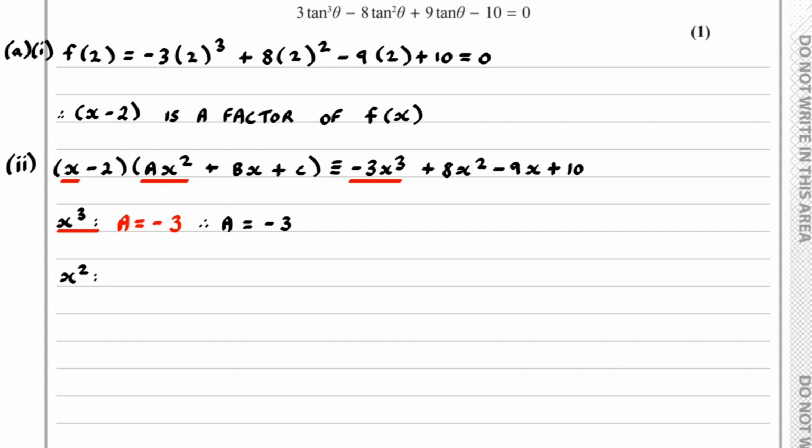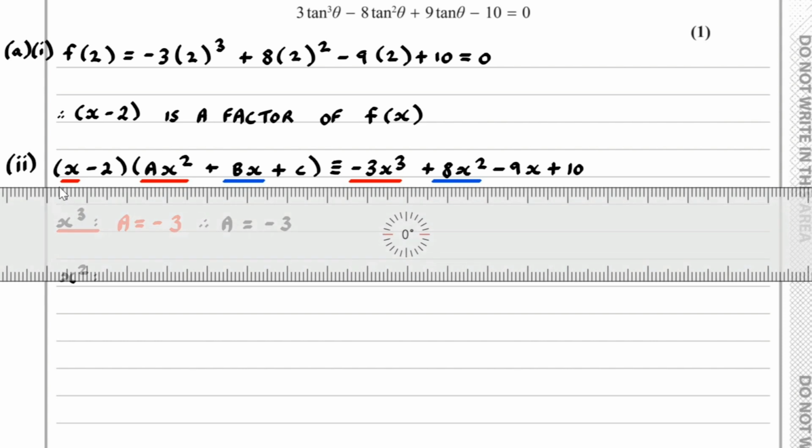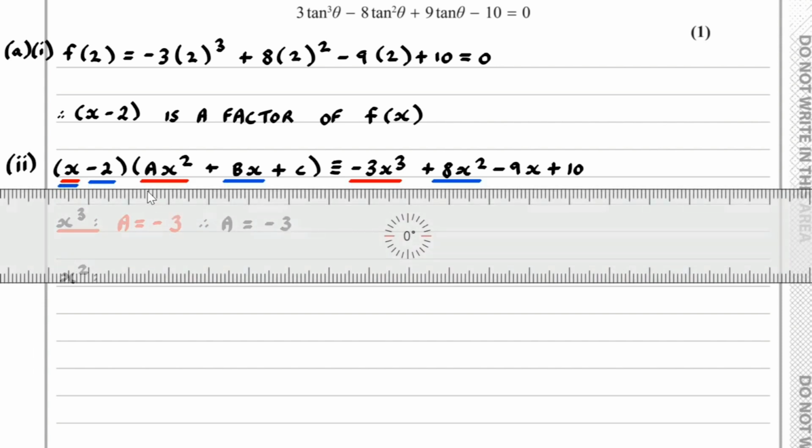If we compare the x squareds, what would give an x squared? Well, I've got here on the right hand side 8x squared, and on the left hand side I've got bx times by the x, and I also have the negative 2 times by the ax squared.